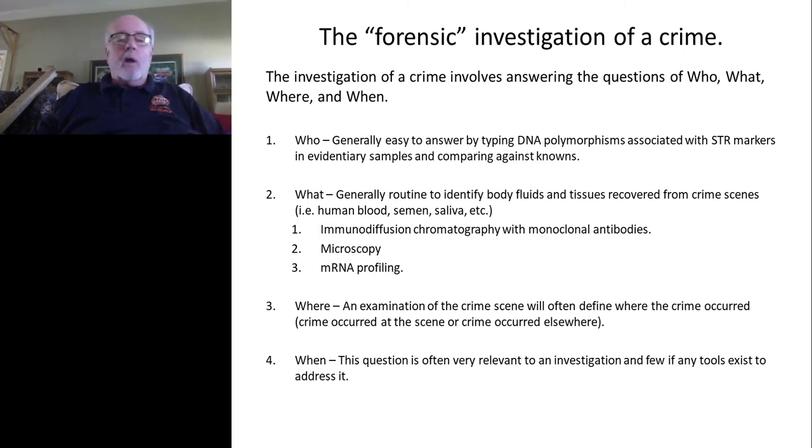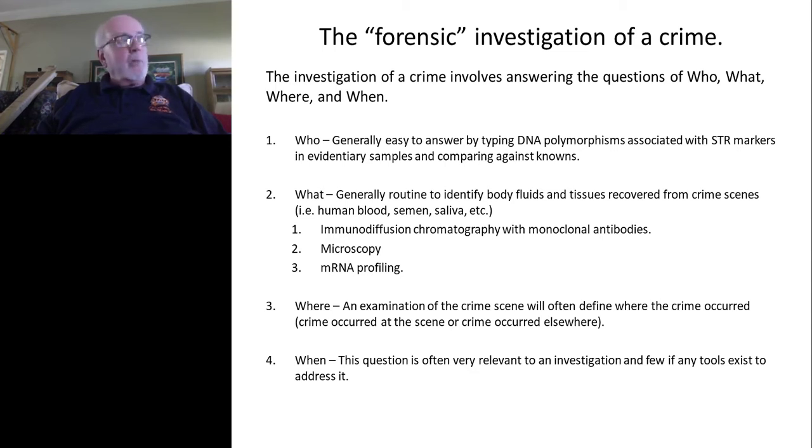We also can identify quite often a particular body fluid through microscopy, understanding the morphology of cell types that compose a particular tissue that may be present in that evidentiary sample.